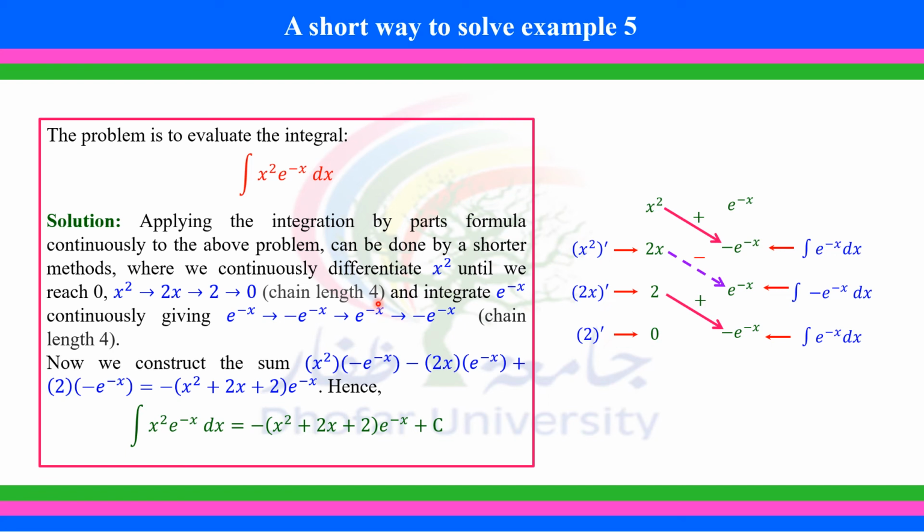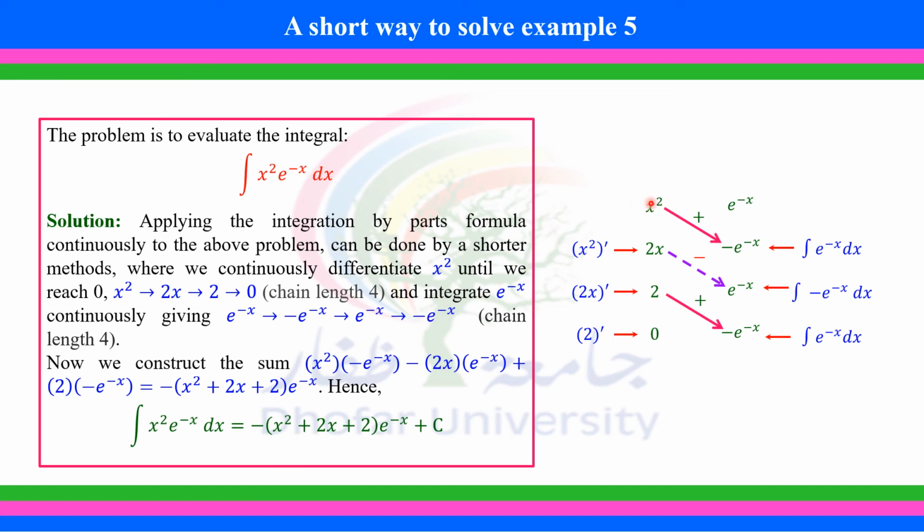And if we integrate exponential minus x, we obtain minus exponential minus x, and the sequence can continue an infinite number of times. But since here we are stopping at the third derivative, here we again stop at the third integral.